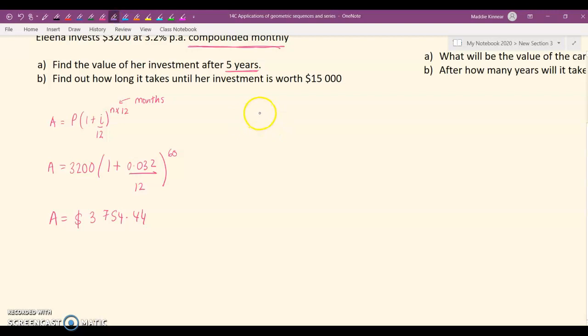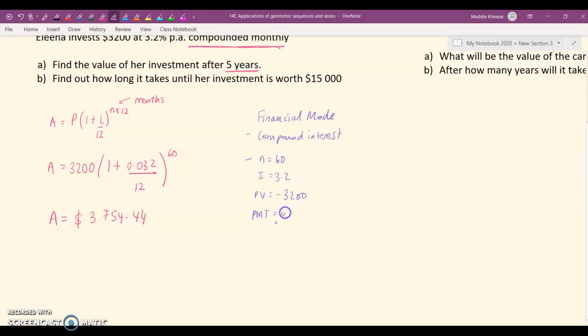Putting this in your calculator exam, it would look like this. You would say financial mode, and then you use compound interest. And then you just say what you use for each value. So we had n equal to 60, then I equal to 3.2. We had present value equal to negative 3,200.